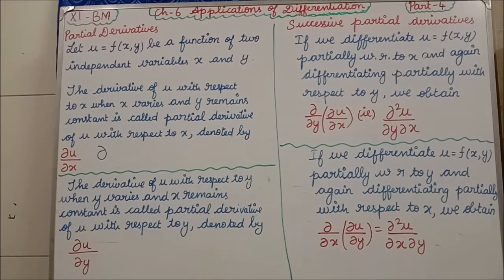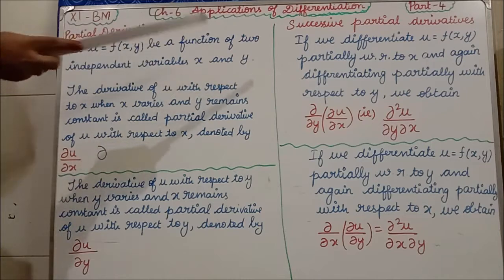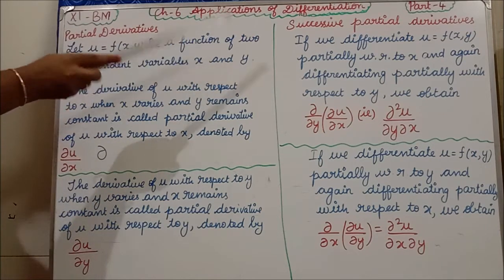We will see the notes now. Let u equal to f of x comma y be a function of two independent variables, x and y.